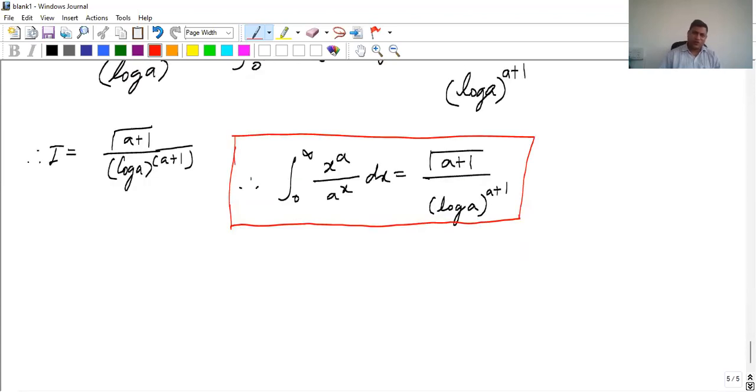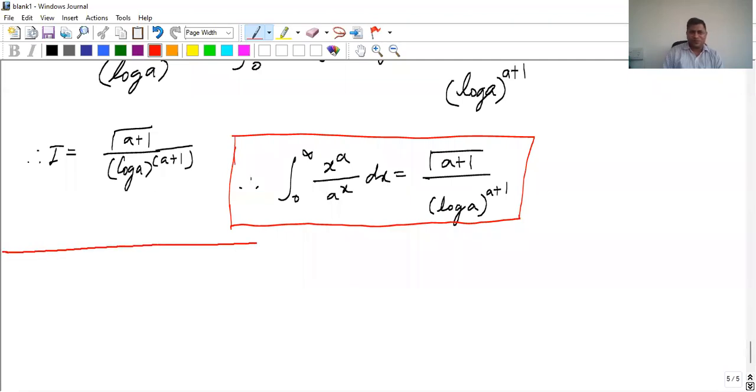You are not supposed to memorize anything. You are supposed to understand the definition of the gamma function only. Once we understand the definition, you can see that in every example I am using the definition of gamma and converting everything to gamma. Got it?